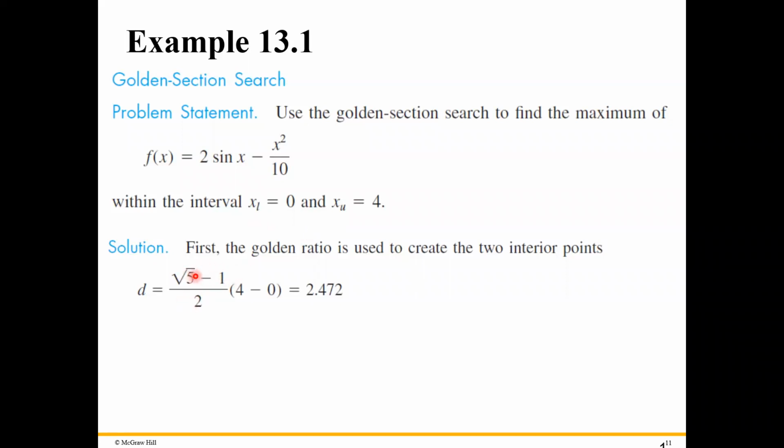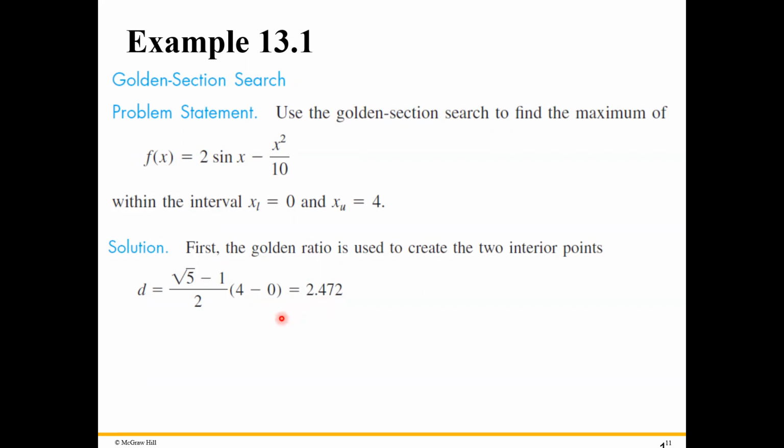The golden ratio is a constant, square root of 5 minus 1, divided by 2, and the interval is 4 minus 0, so d will be 2.472. This 2.472 will be the distance of points x1 and x2 from xl and xu.